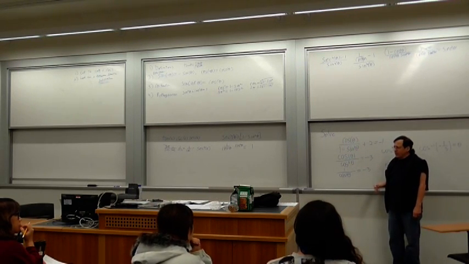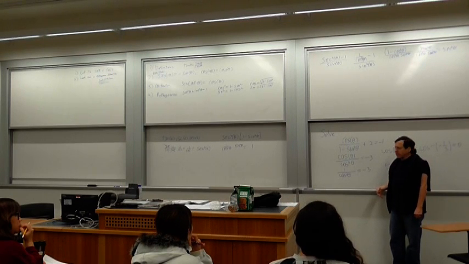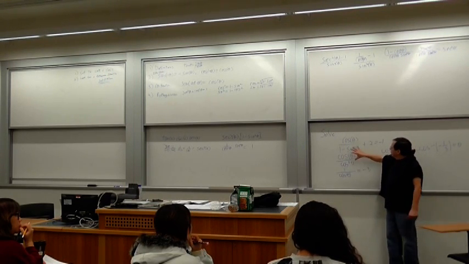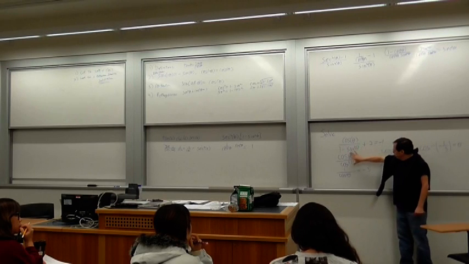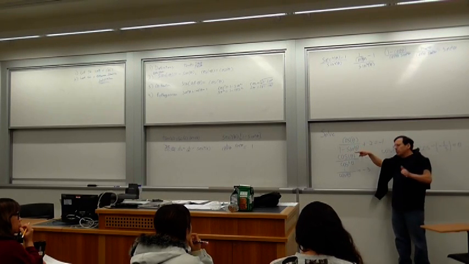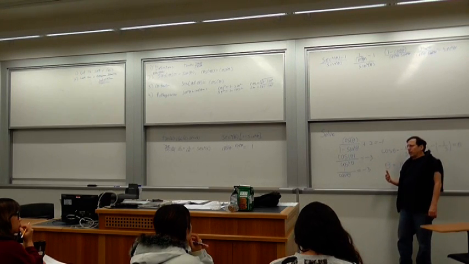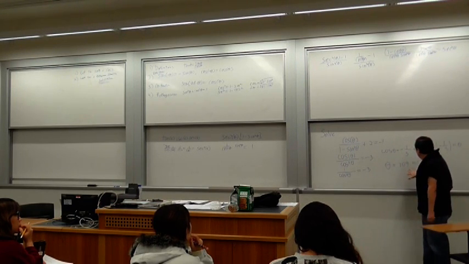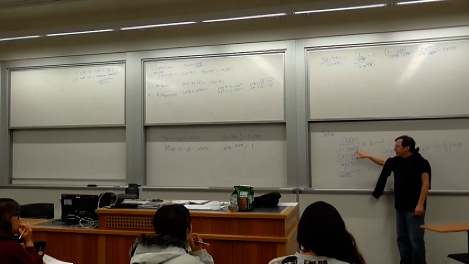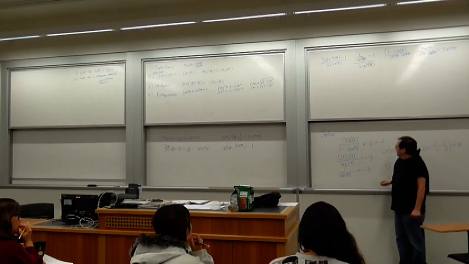Does everyone remember extraneous roots? If somewhere in this process you took a square root, or you squared something, you sometimes get extraneous roots that way. So you do want to be a little careful. It doesn't hurt to plug it back in and make sure it works.